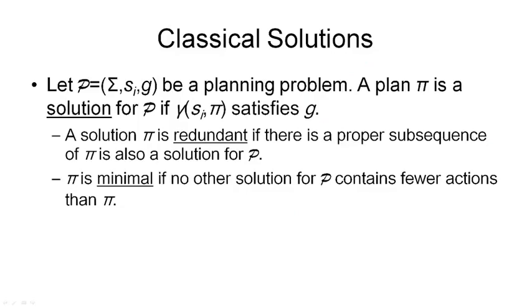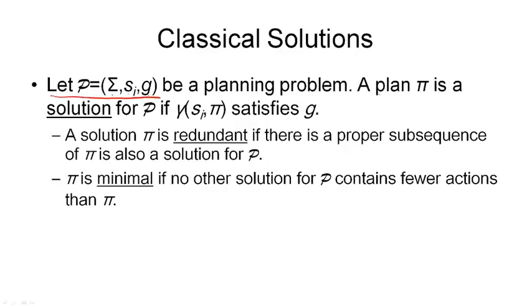The output of a planner is a plan, but of course, not every plan is a solution to a planning problem. And here is how we can define what constitutes a solution. We are given a planning problem consisting of a state transition system or a set of operators, an initial state, and a goal description.